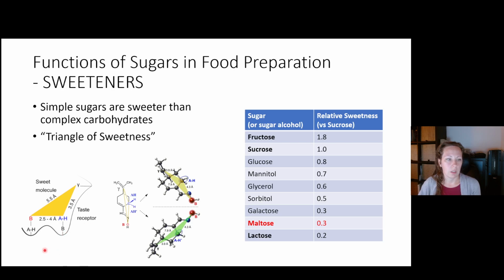The closer that sugar molecule hits, having certain spots on the molecule that fit nicely and bind with those specific spots, the sweeter it will taste. If it doesn't fit quite as perfectly, then the sweetness is less. If it doesn't fit at all, you wouldn't taste any sweetness.